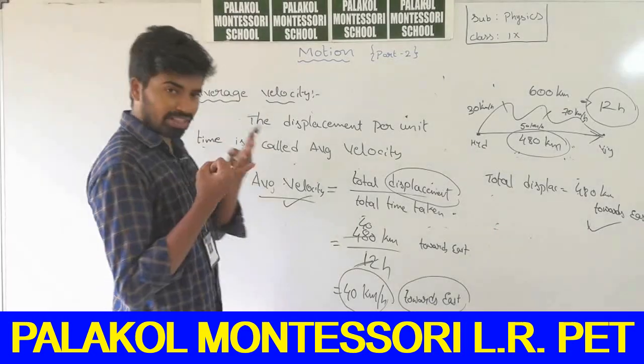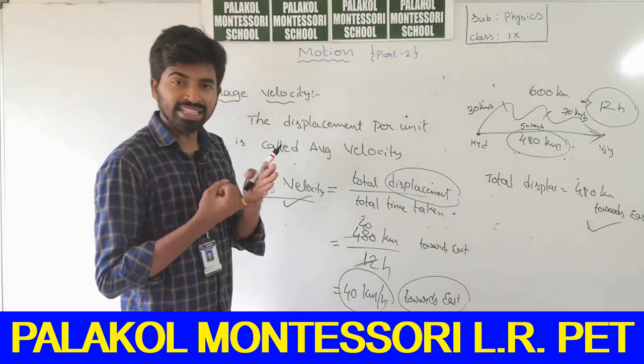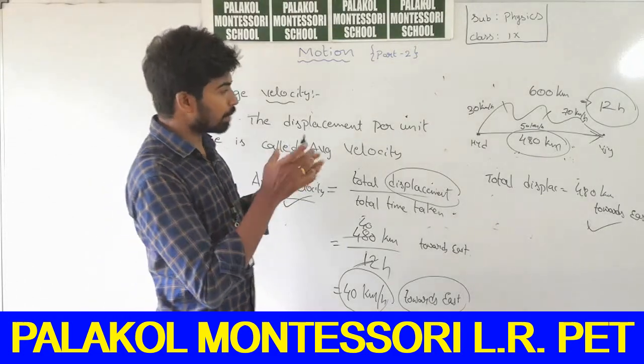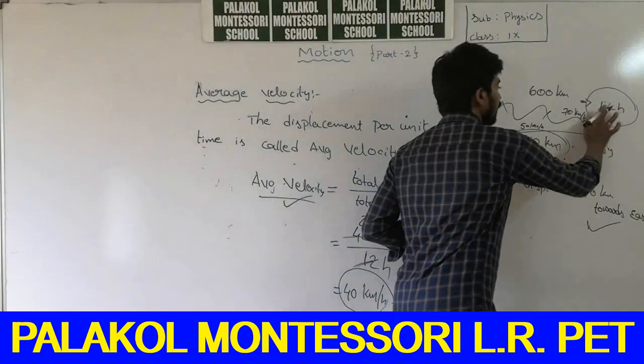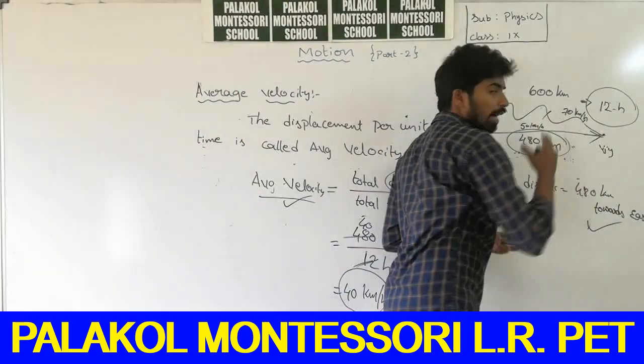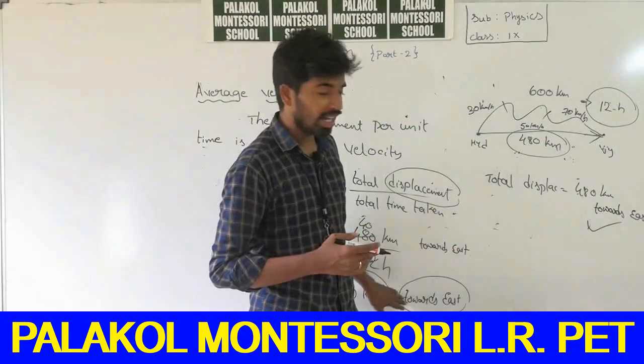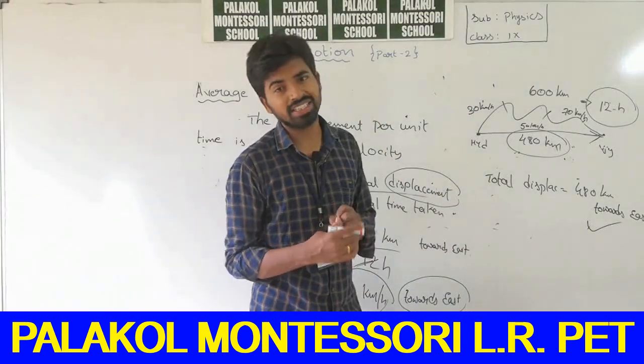Average speed and average velocity give information about a particular interval of time. In this particular 12 hours, this is the average velocity, and in the previous one we calculated average speed.